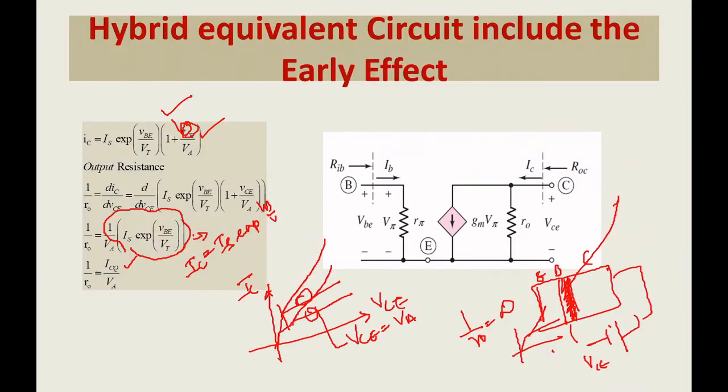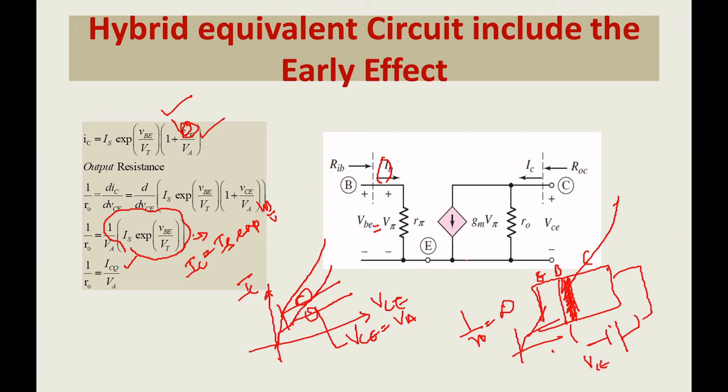With that, this was made. So here you can see I have drawn R pi and the corresponding drop. Already said v pi is equal to VBE, and this is your input current and this is your output current. This is your input base resistance, RIB is the resistance with respect to the base terminal, and ROC is your output resistance.